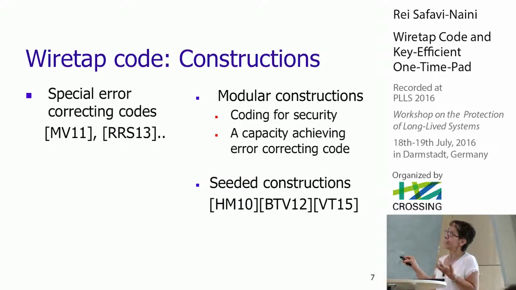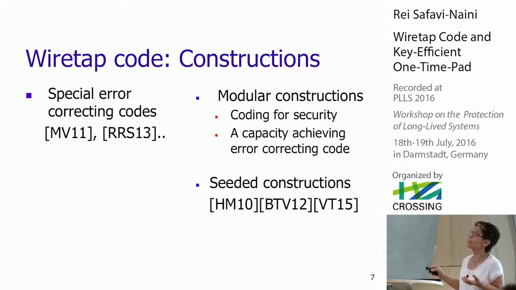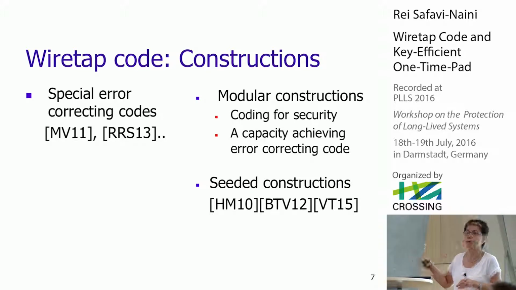Then there is a second class of construction that are modular constructions. So we do some transformation for secrecy, and then we can use that transformation for any code which achieves error correction. So sort of separating security coding and error correcting code.